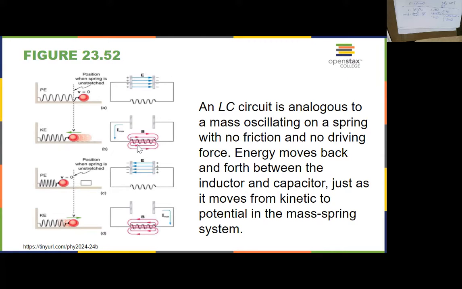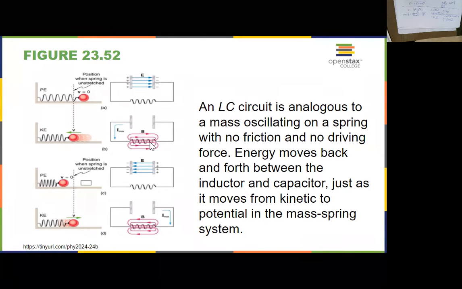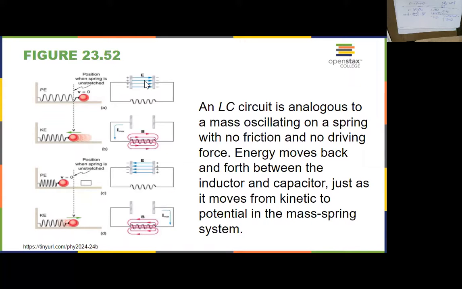Energy stored in the inductor is in the form of the magnetic field. Energy stored in the capacitor is the energy stored in the electric field. So in that sense, the energy will not be consumed, but will just be transferred between the magnetic field and electric field.